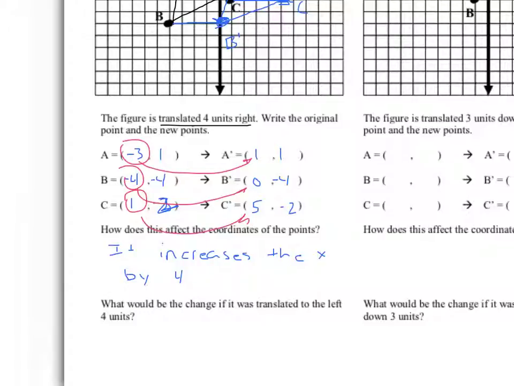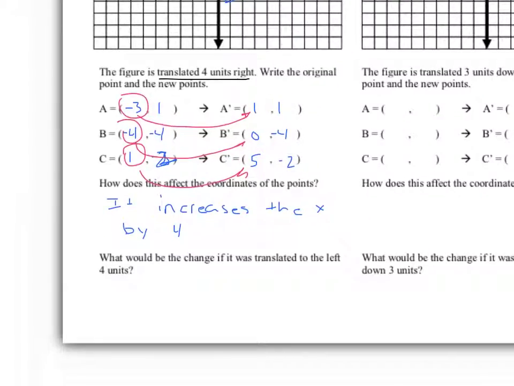How would that have changed how the coordinates worked? Jamari, what do you think? Decreased by 4. Right, so we're still only moving left and right, so we're only moving in the x direction, but now we're decreasing it because we're moving it backwards. It would decrease the x by 4.